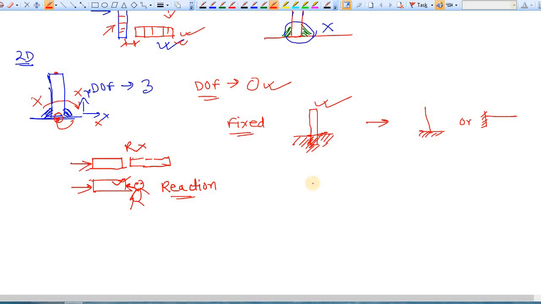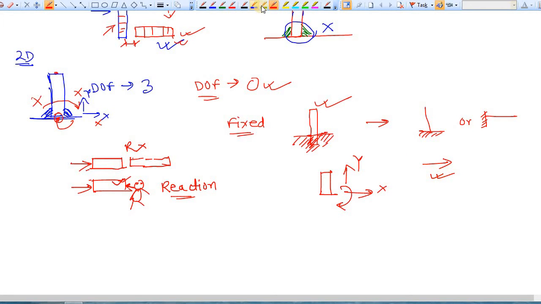So in this case, initially the body was like this. It was able to move in the x direction, it was able to move in the y direction, and also it was able to rotate about the z axis. Now you have stopped the x direction movement, so of course there will be a reaction force in the x direction.